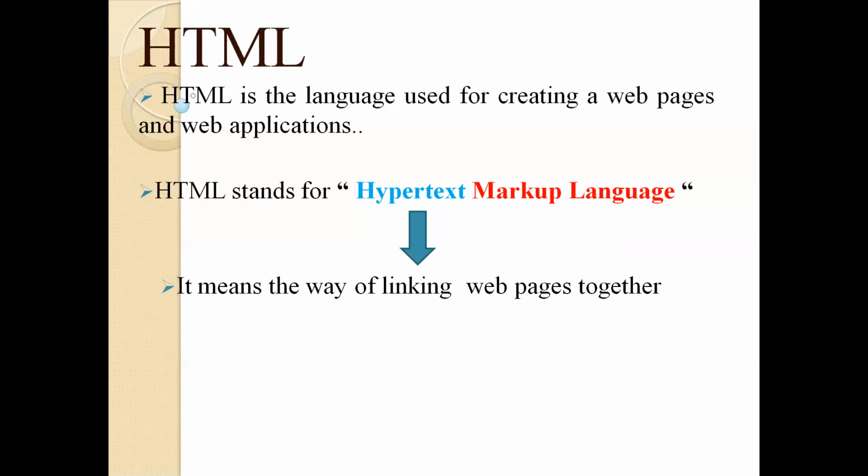The linking of those web pages is called hypertext. So finally, HTML stands for the linking of web pages, and a text document needs to be formatted, and then we apply some layout to make that text look good on a web page.